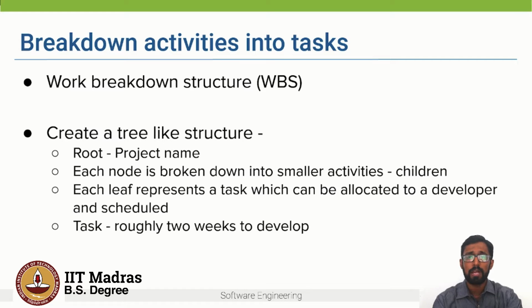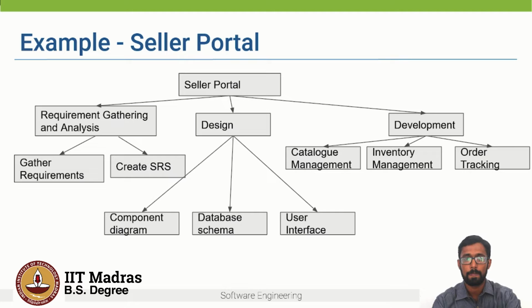So let's look at a work breakdown structure for the Amazon seller portal, right? This is the name of the project, which is the root. And then you have different nodes for, let's say, requirement gathering, for design, for development. And each leaf, as we saw earlier, represents a task which can be allocated to a developer.